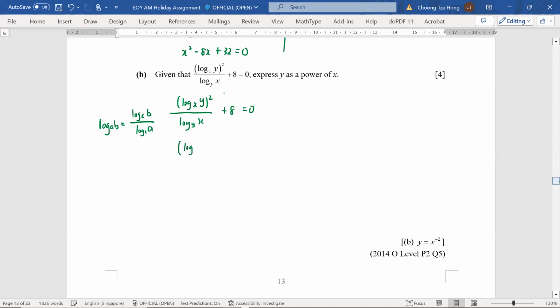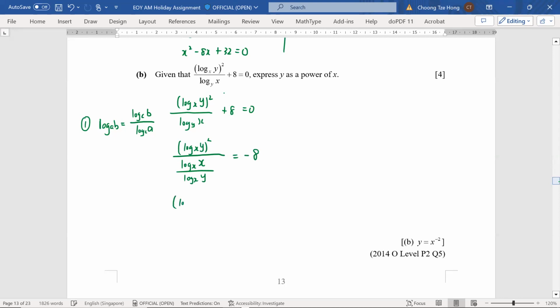So log base x of y squared over log base x of x over log base x of y. If you follow the form on the left, the change of base, it will become like this. At this time I also want to bring the 8 to the right side, so it becomes negative 8.